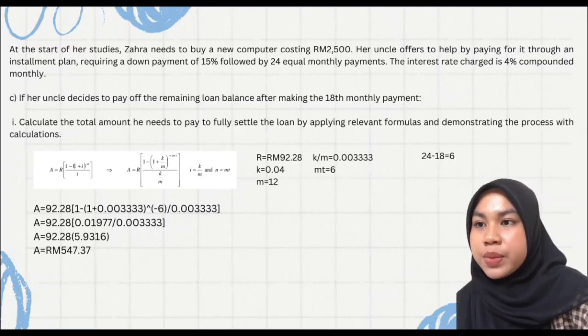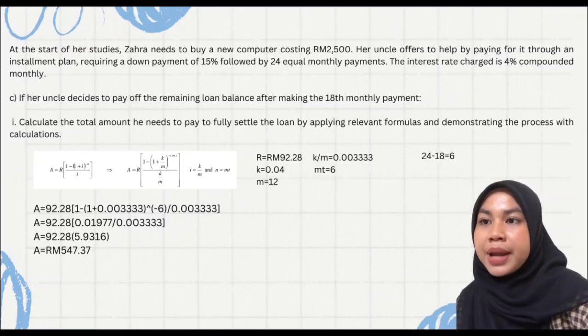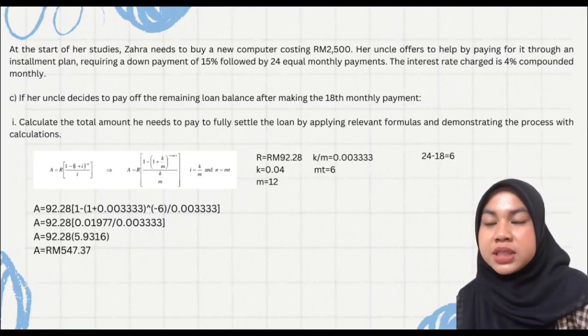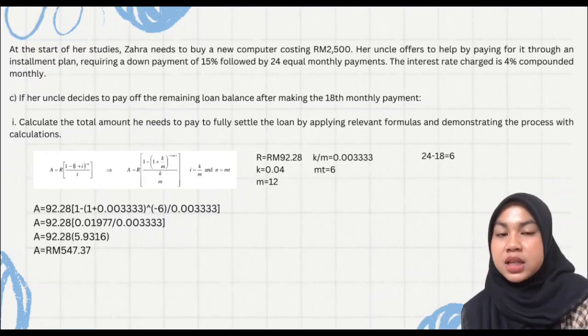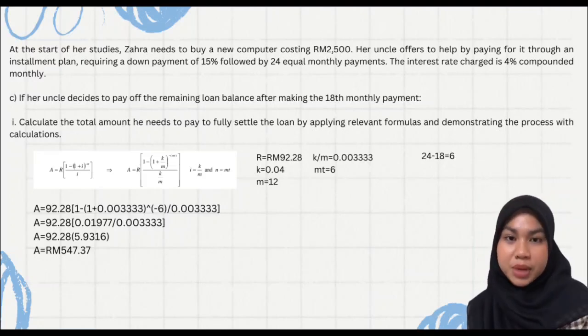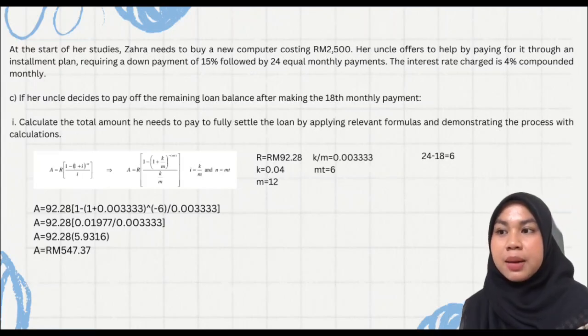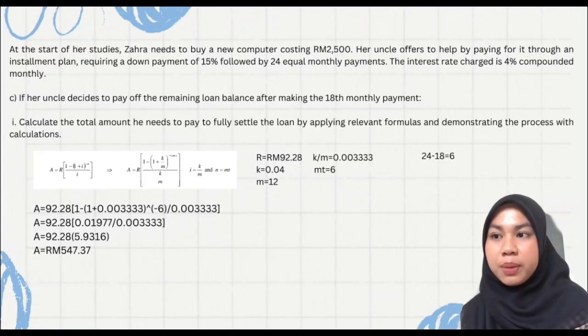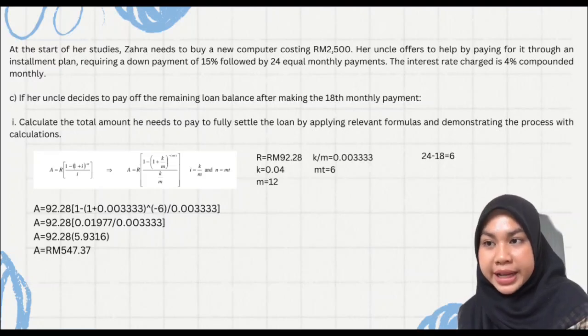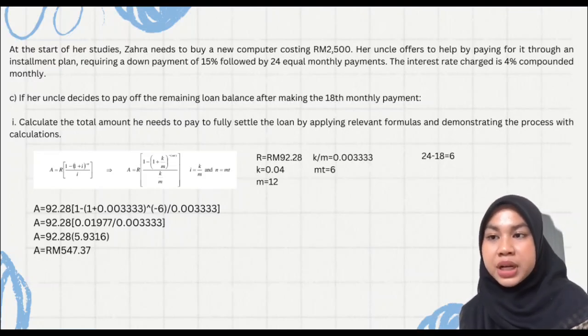So for question C, first Roman, we use A equals R [1 minus (1 plus i/m) to the power of minus mt] per [i/m]. So after we get the formula, we can solve this question. A equals 92.28 [1 minus (1 plus 0.003333) to the power of minus 6] per 0.003333.